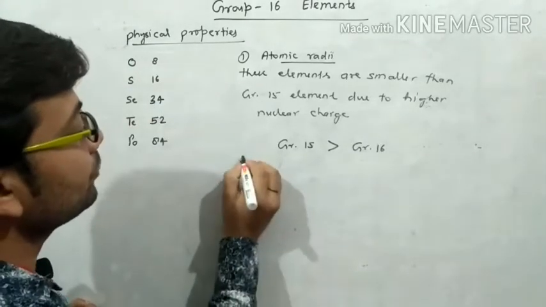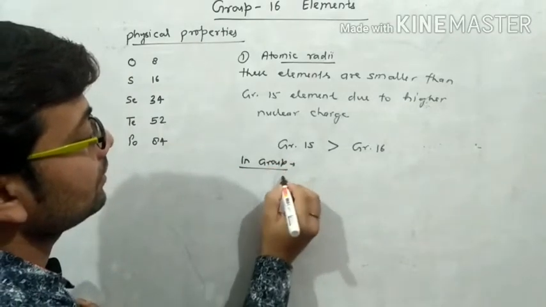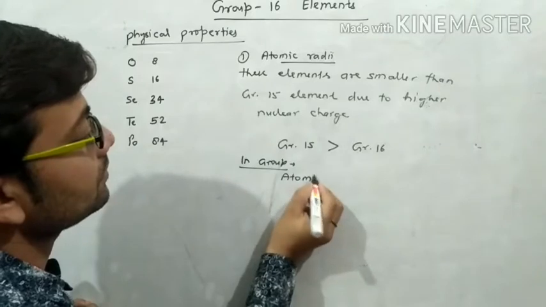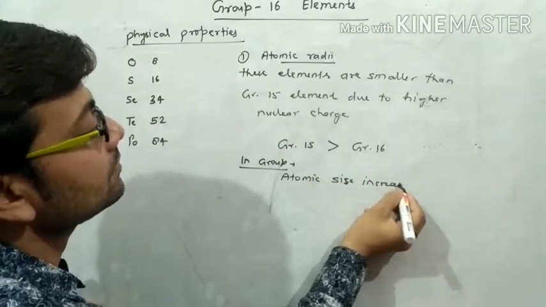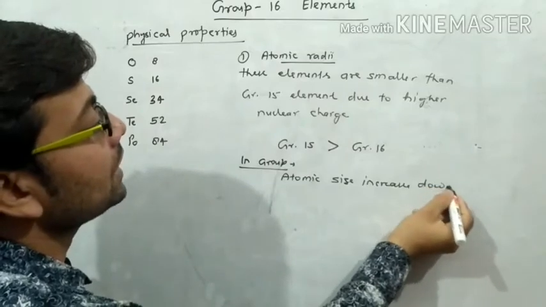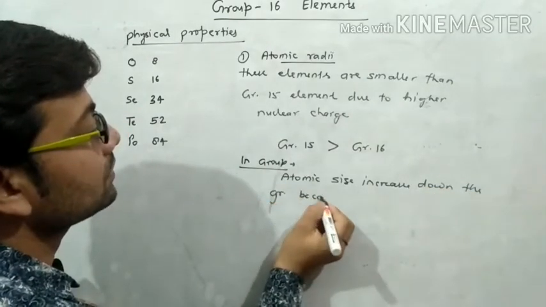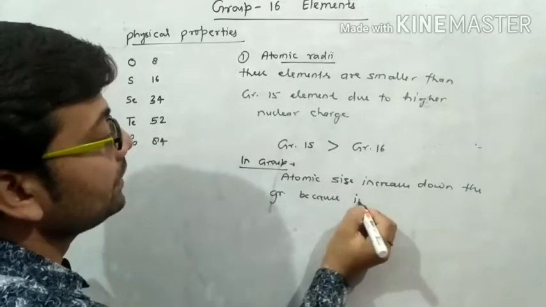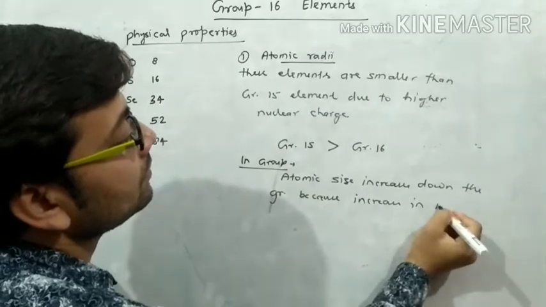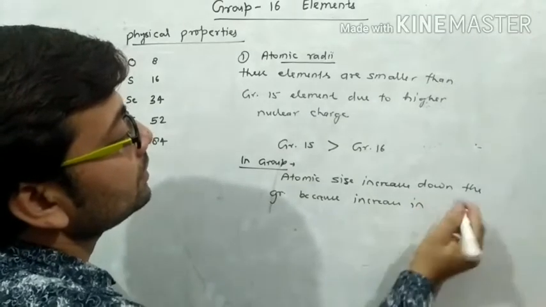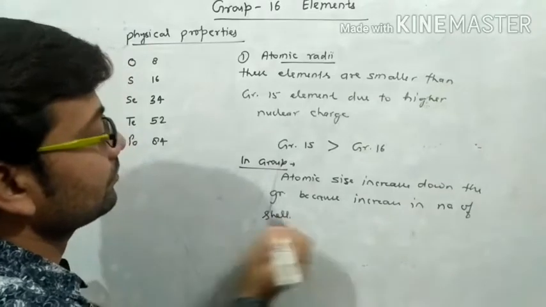Now, in a group, atomic size increases down the group because of the increase in number of shells.